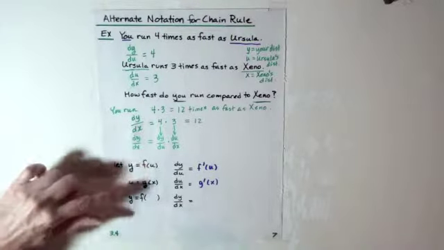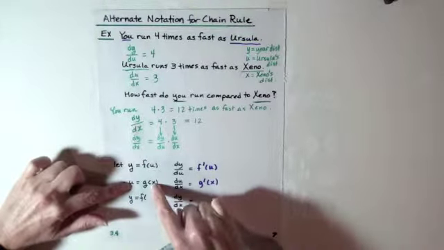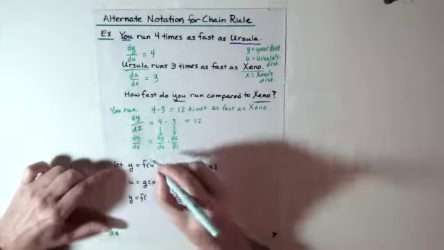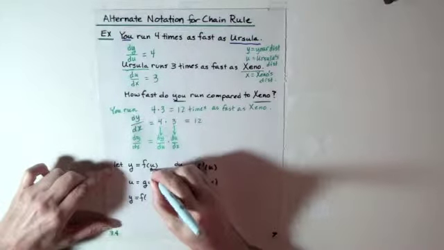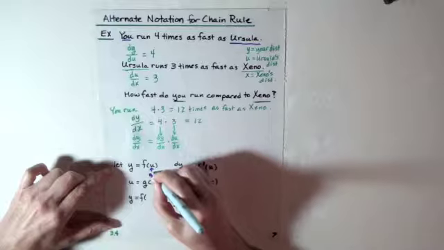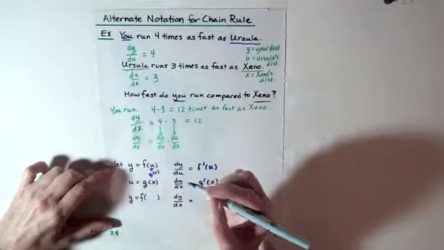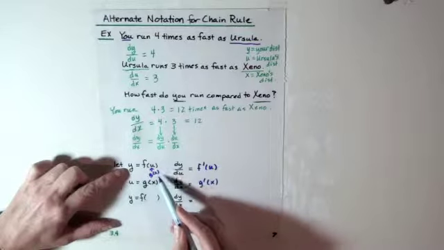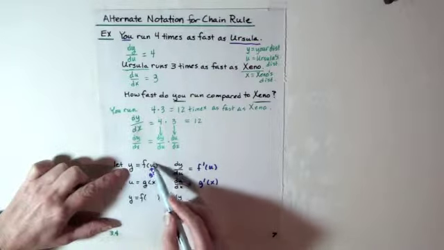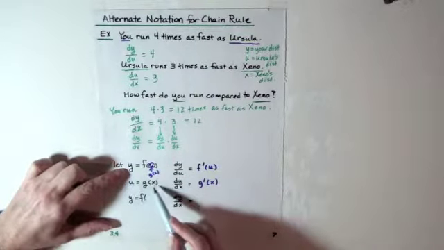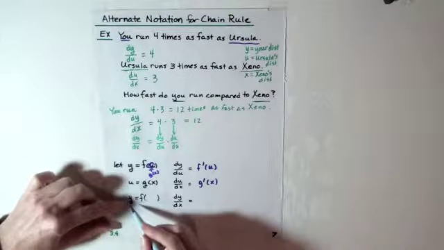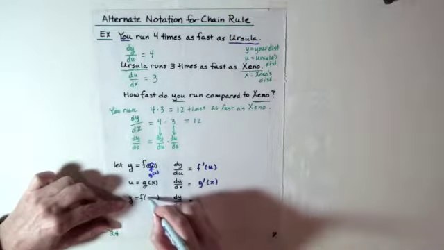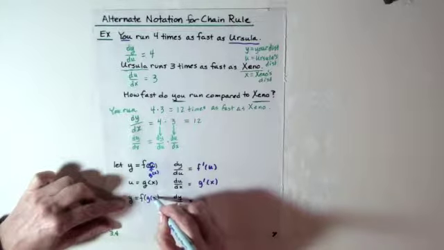Notice also up here that if I'm saying u is equal to g of x, well, that's this thing right here. This is g of x. That means that I could describe y as f of g of x. y equals f of u. u in turn is equal to g of x. So I could write y equals f of g of x.